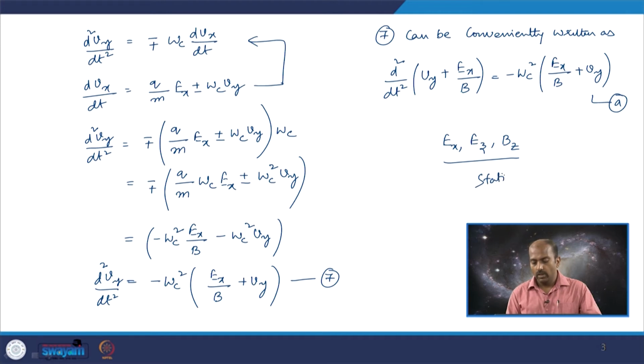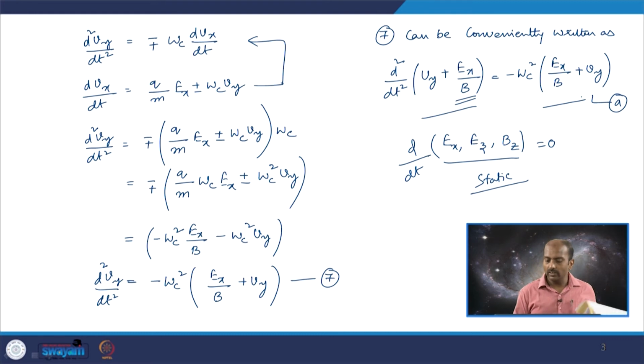That means they do not vary with respect to time. So d by dt of these quantities will be 0. Taking this advantage, there is no harm in writing d by dt of Ex by B. This term is eventually 0, but to get the solution of this differential equation, it becomes easy to have the same multiplier on the left and right hand side.